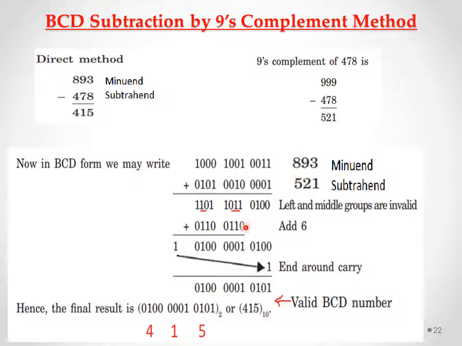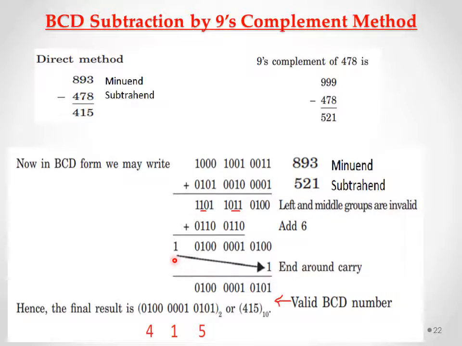So we are adding 6 here. 0100 is written as it is. Now for the next group, 1 plus 0 is 1, 1 plus 1 is 0 with a carry, the carry is added here, so 1 plus 1 is 0, again a carry is present, and again, and so on. Then with triple ones the sum is 1 with a carry, and 1 plus 1 is 0 and 1 and 1.